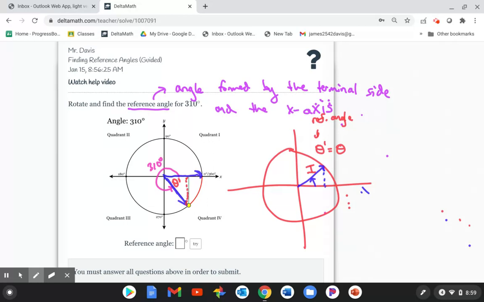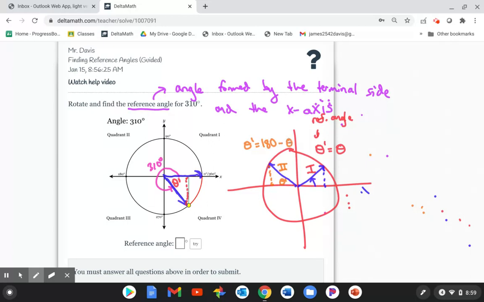Okay, if we're in the second quadrant over here, then theta prime is this angle from here to here. How we calculate that is 180 minus theta.